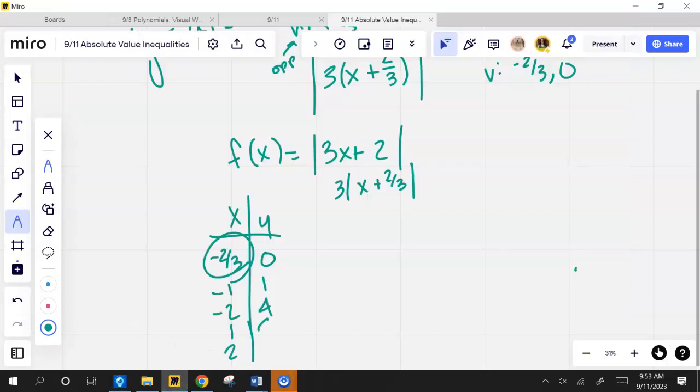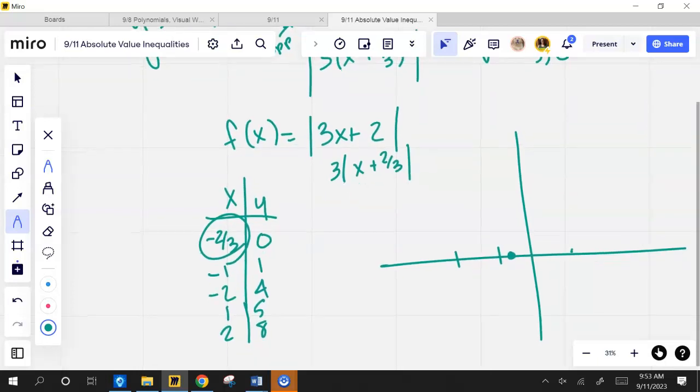Now all I have to do is graph these points, right? I'm not going to worry about being exact with this vertex. I'm going to say it's about right there, but my other points are going to help me. But that vertex is crucial, right? Because that's the point where it shifts and turns. Negative 1, 1, negative 2, 4.